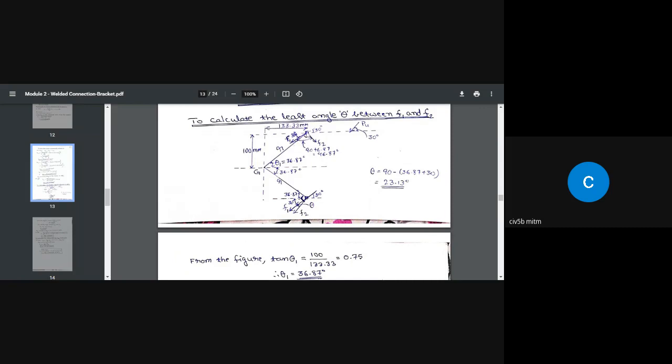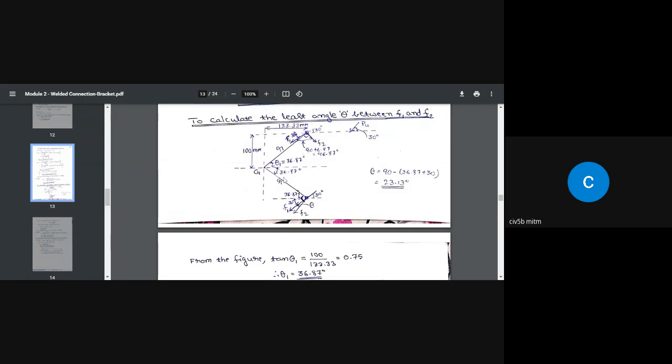Similarly, F1 is making an angle of 30 degrees with respect to the horizontal. Next, this is 36.87. How did we find 36.87? Tan theta 1 equals the opposite side, which is 100 millimeter, divided by the adjacent side, which is 133.33. So we get theta 1 as 36.87.